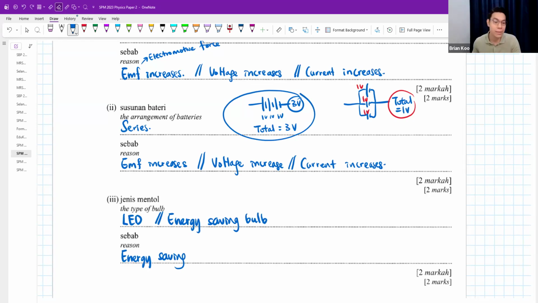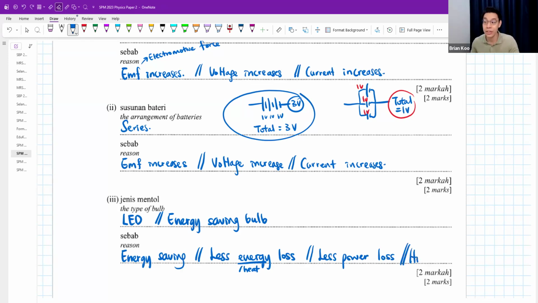But then for the reason you write something else, maybe you can say there's going to be less energy loss, or other than energy, you can also say less heat loss, right? Less power loss also can, or has higher efficiency, very high efficiency, meaning lose very little energy.